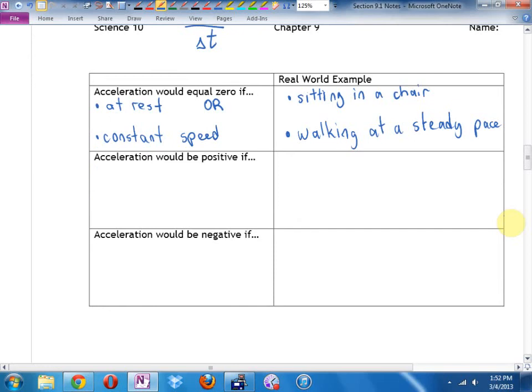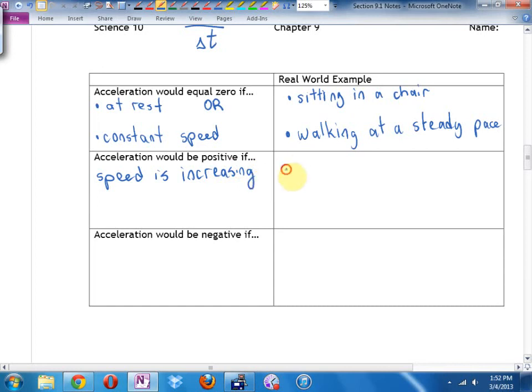Acceleration would be positive if what? Sure.